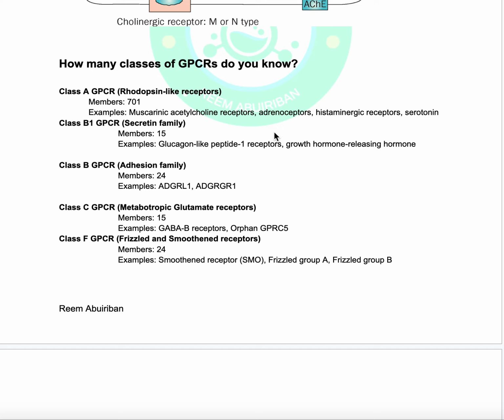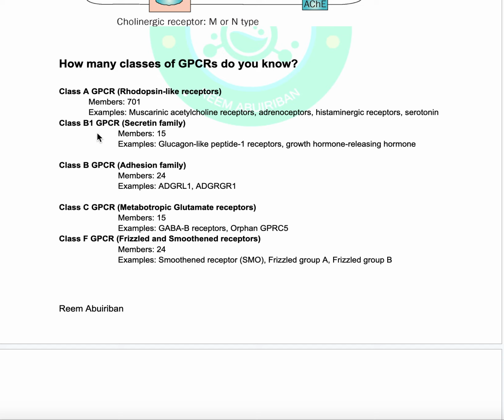The other class is called class B. So we don't have A, B, C, no D, F. Because we have 2 B classes. We have class B1 receptors, and we have class B2. About the class B1 receptor, it is called the secretin family. From its name, secretin family, it's about secretion, and the number of members is 15.